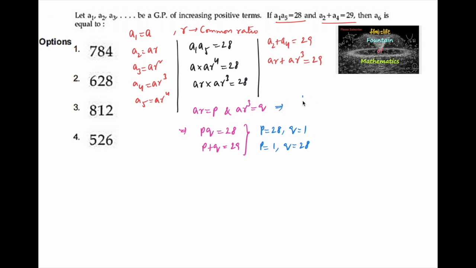And also from here the ratio, let's consider Q upon P, which is equal to ar power 3 divided by ar, which is equal to r square. So Q upon P is equal to r square. So here Q upon P value will give 1 upon 28, which is equal to r square. And in this case Q upon P is equal to 28 divided by 1 is equal to r square.